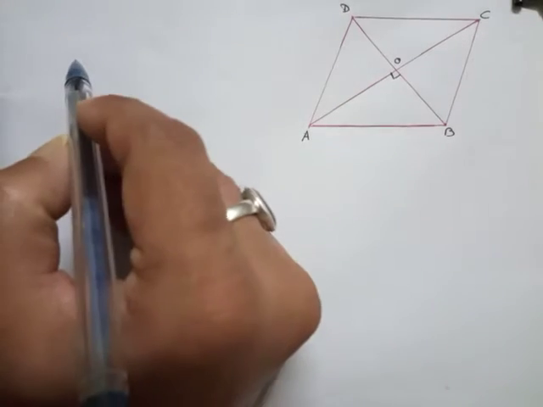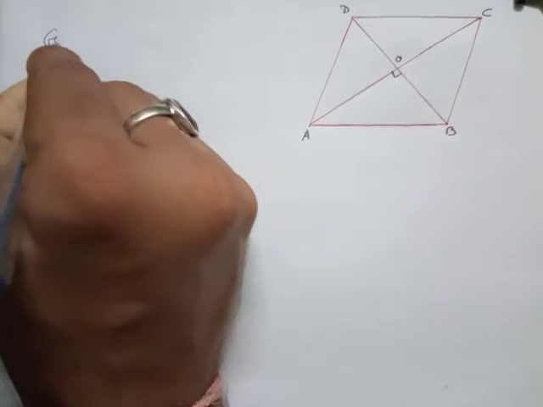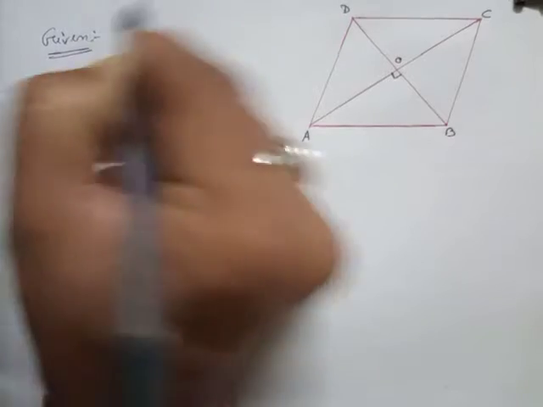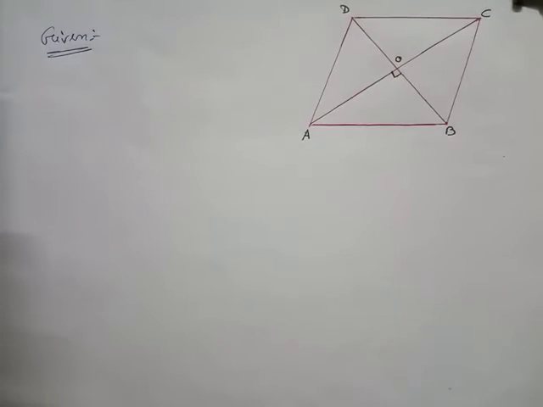Student, now the given part that I am writing here. What is the given part here? ABCD is a rhombus.